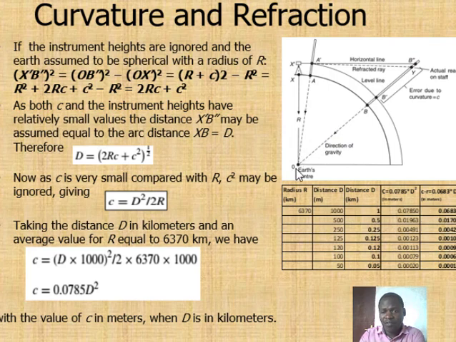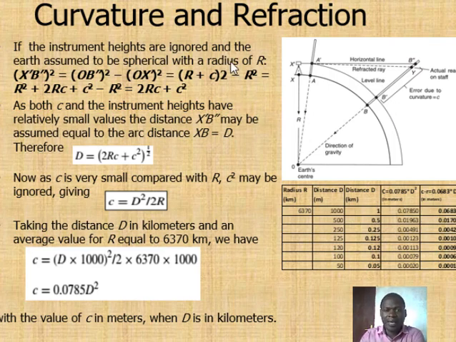And we have here R, which is the radius of Earth, and the direction of gravity. How are we going to estimate the error due to the curvature of Earth and the refraction?